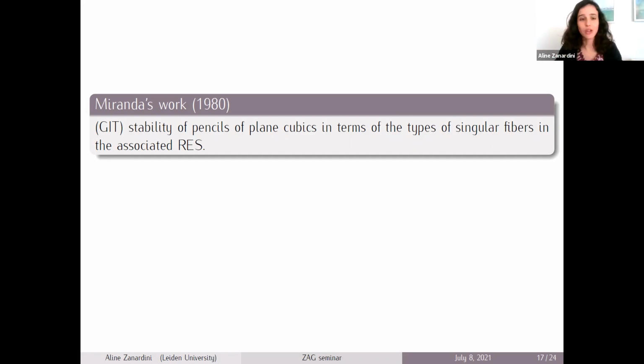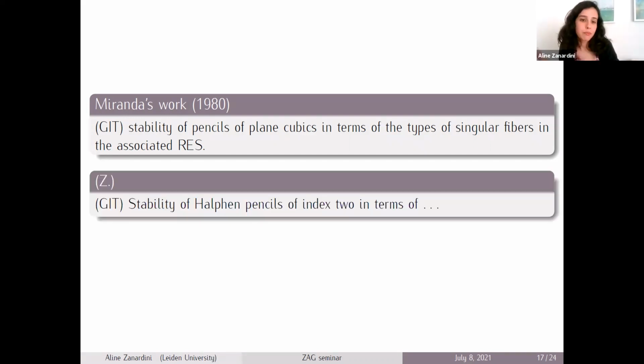Anyway, we have Miranda's work from 1980, where he describes the GIT stability of pencils of plane cubics in terms of the types of singular fibers that appear in the corresponding rational elliptic surface. And then part of my PhD thesis was to describe the GIT stability of Halphen pencils of index 2.